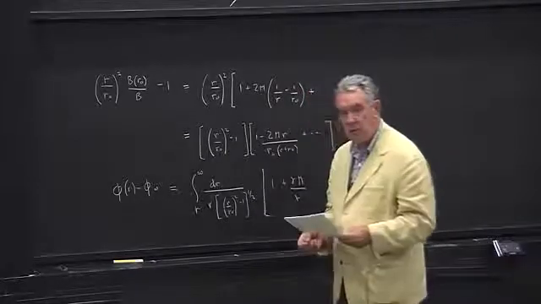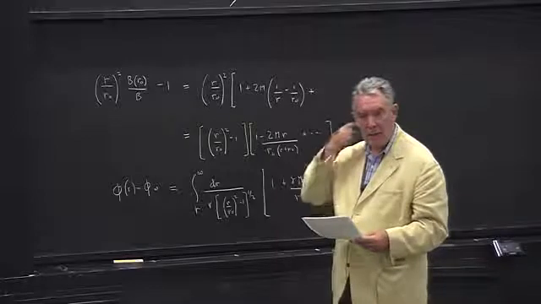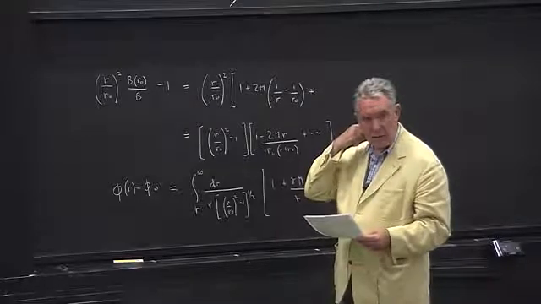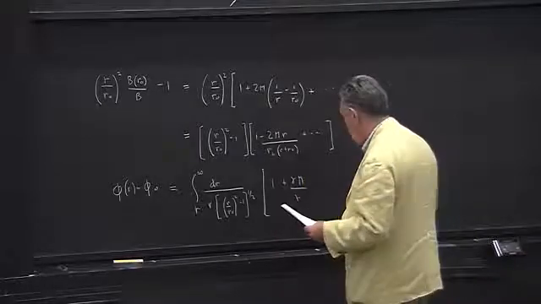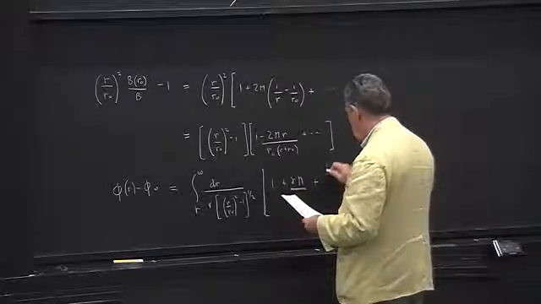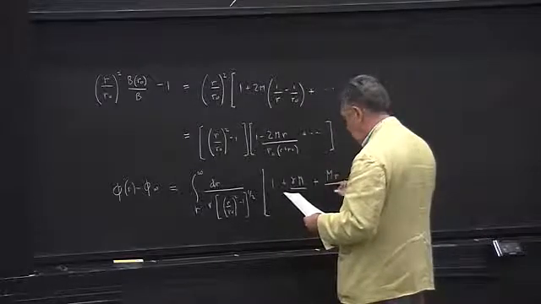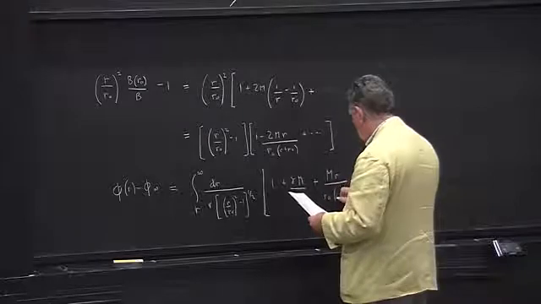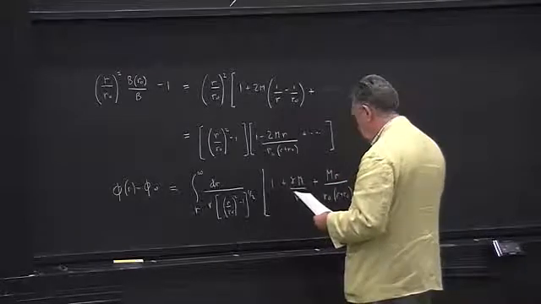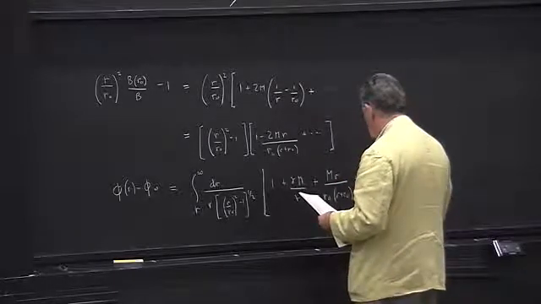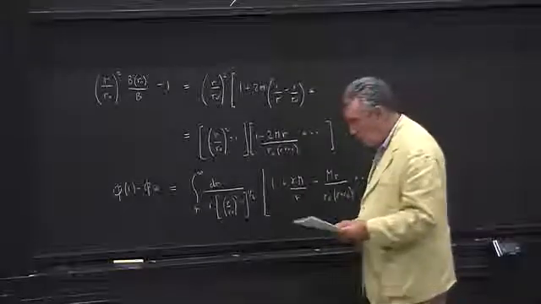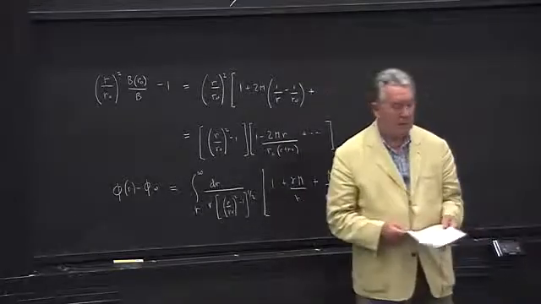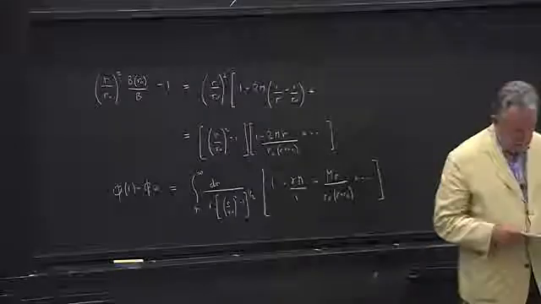I'm now substituting in the values of a and b in terms of the parameters beta and gamma. And you'll notice that beta has dropped out of the calculation.